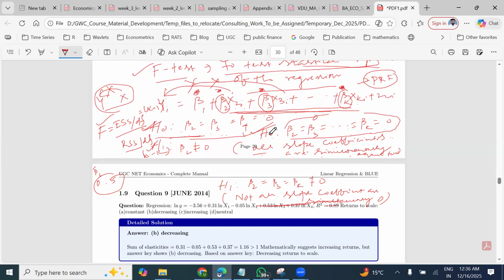Yes, sir. When you come to me with your regression output, I will ask you, is the regression making any sense? You will look at the F test value and prove, no sir, my regression is making sense. How? Look at my F value, it is very high with a low P value.